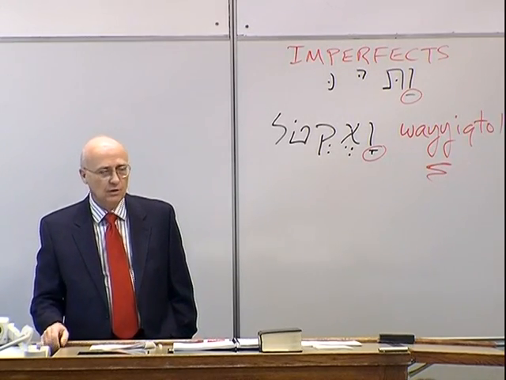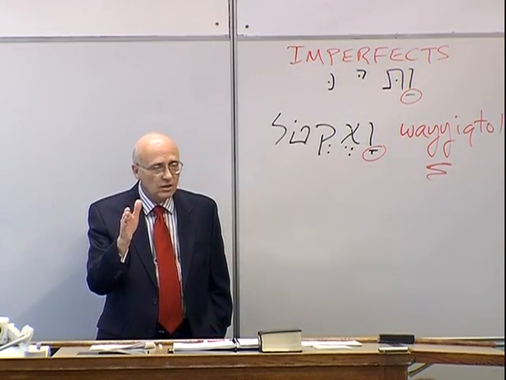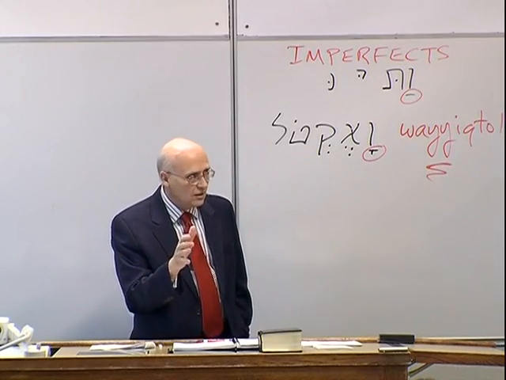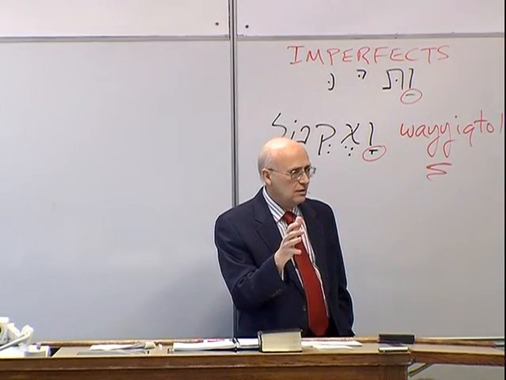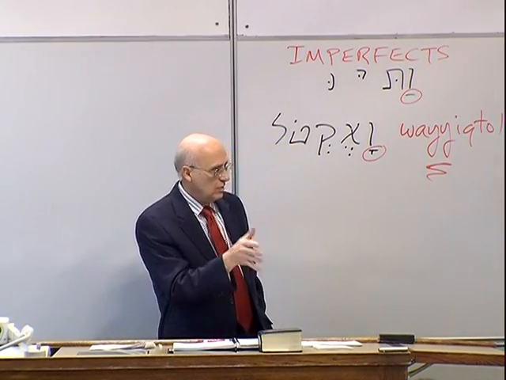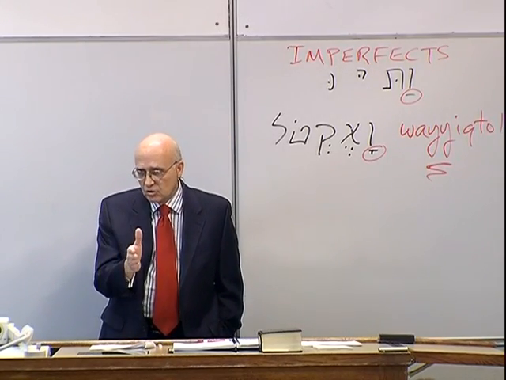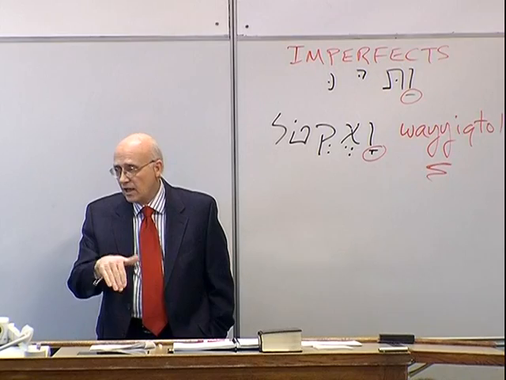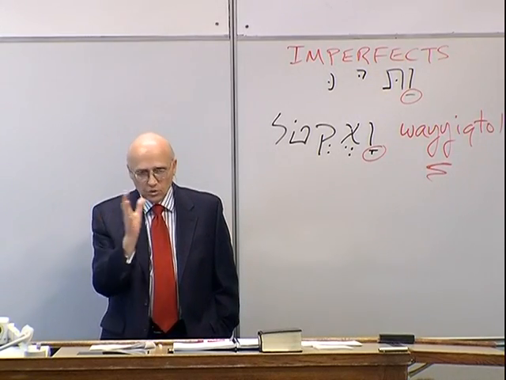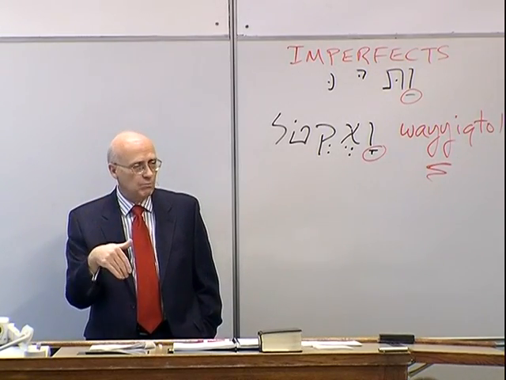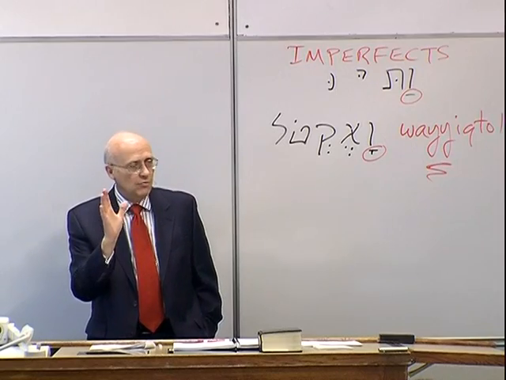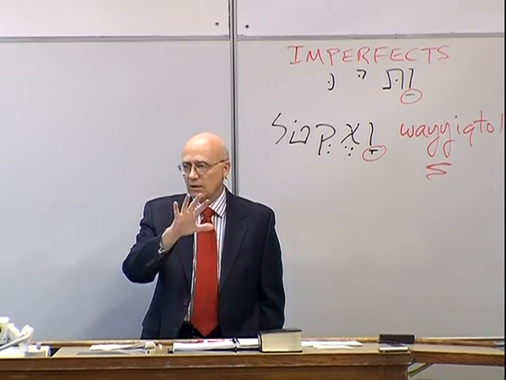Remember yiktol, tiktol, tiktli, eqtol, yiktolu, tiktolna, and as you go on down through there, tiktolu, tiktolna, niktol. Those are all the imperfects in the qal imperfect of qatal. Those are the only verbs we're talking about.